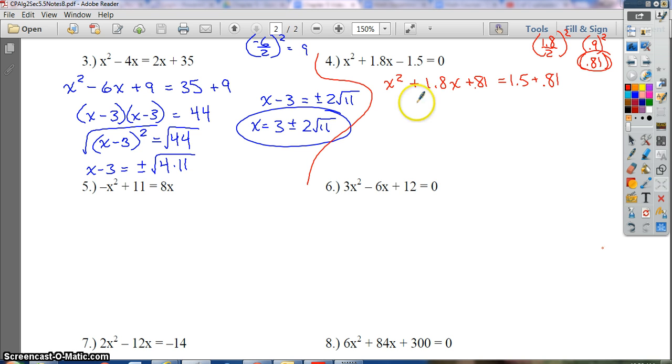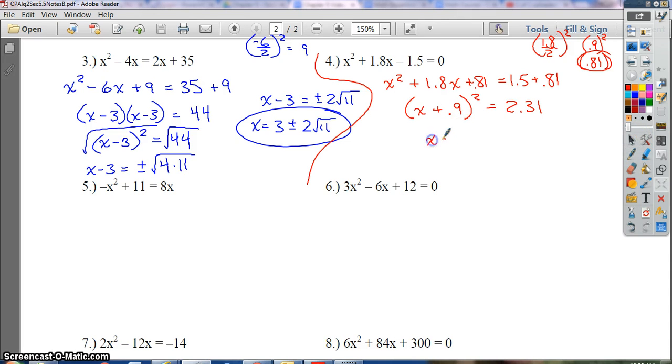Okay? So over here I'm going to have x plus 0.9 squared. Oh, not x, but here. Clear that. And this is going to equal 2.31. Okay? And here we go.